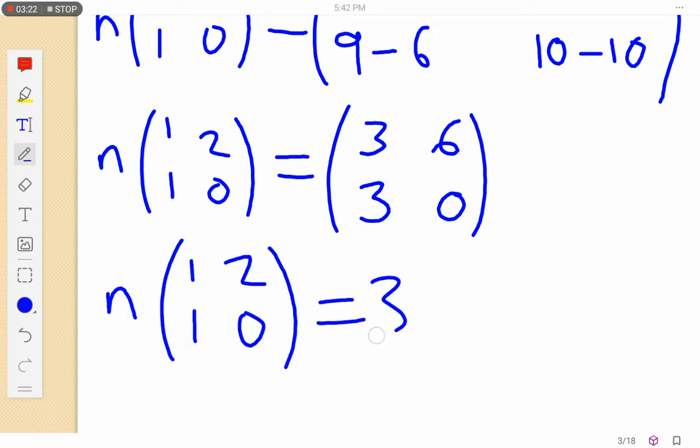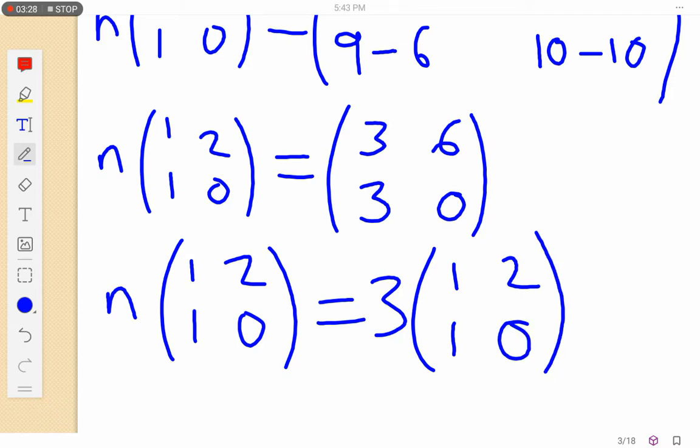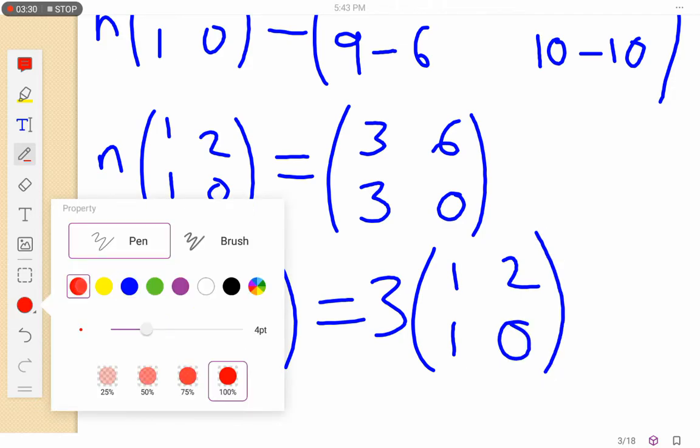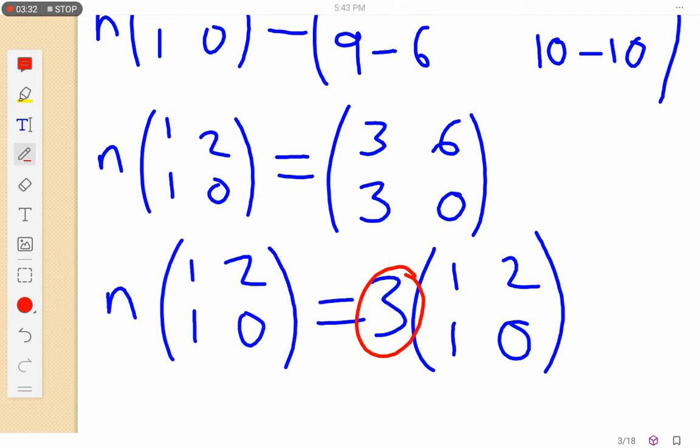Then here I've got 3, 1, 1, 2, 0. Okay, so even if you want to put back this 3, you have 3 times 1, 3. 3 times 2, you get 6, and so on. So at the end of the day, now I have got similar matrix. This one is similar to that.